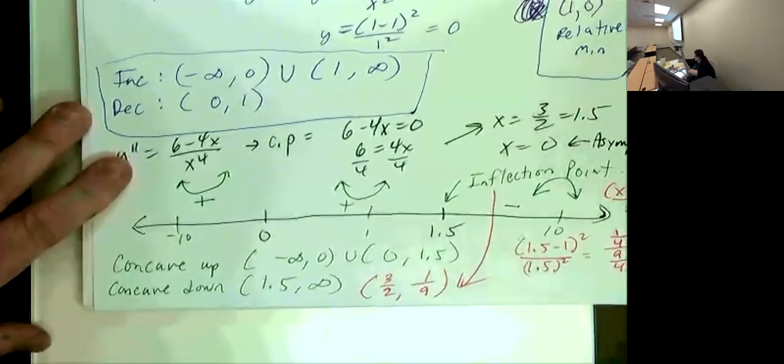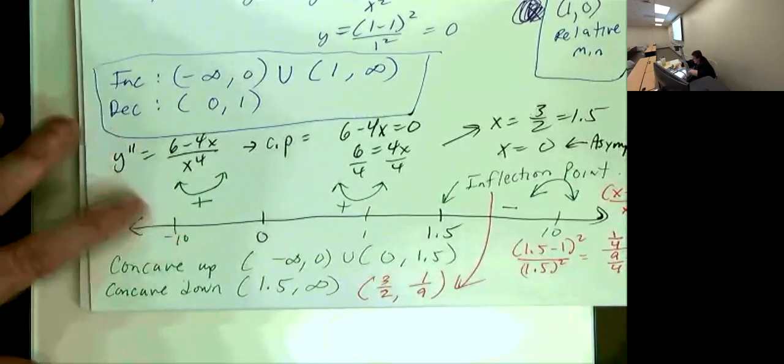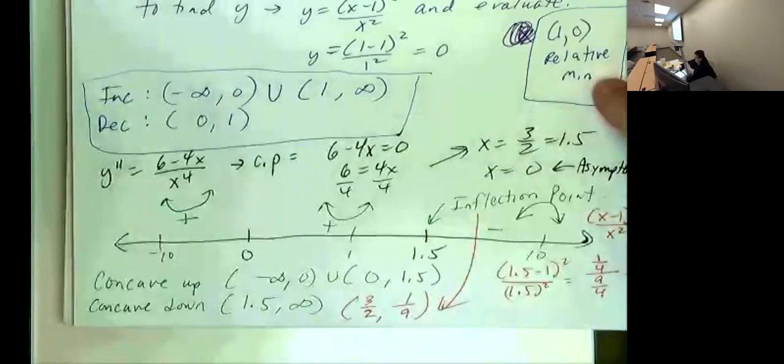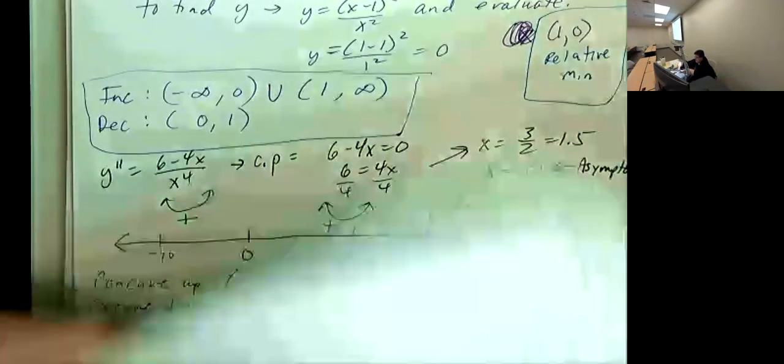All right. I think we're ready to graph. We found the relative extrema. Relative extrema was here. We were supposed to find the asymptotes. We found the asymptotes on page 1.